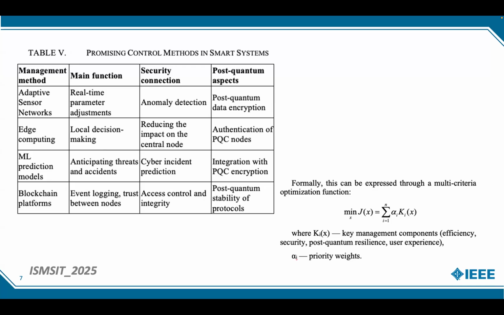This model demonstrates a direct relationship between management efficiency and the level of protection against modern post-quantum threats, which stages is integration of promising management technologies that allow for increased level of stability, reliability, and security of the system.